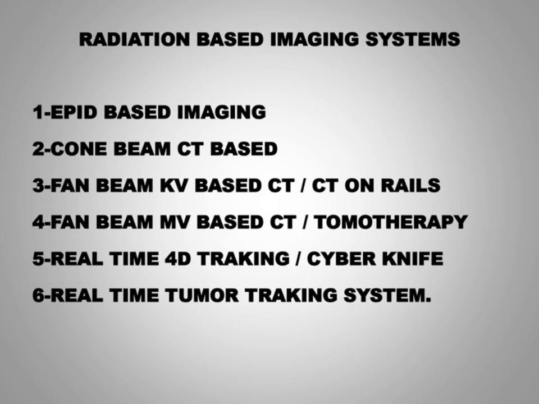For real time 4D tracking, that is utilized in CyberKnife and real time tumor tracking system. So these are the radiation based imaging systems. We will cover one by one.